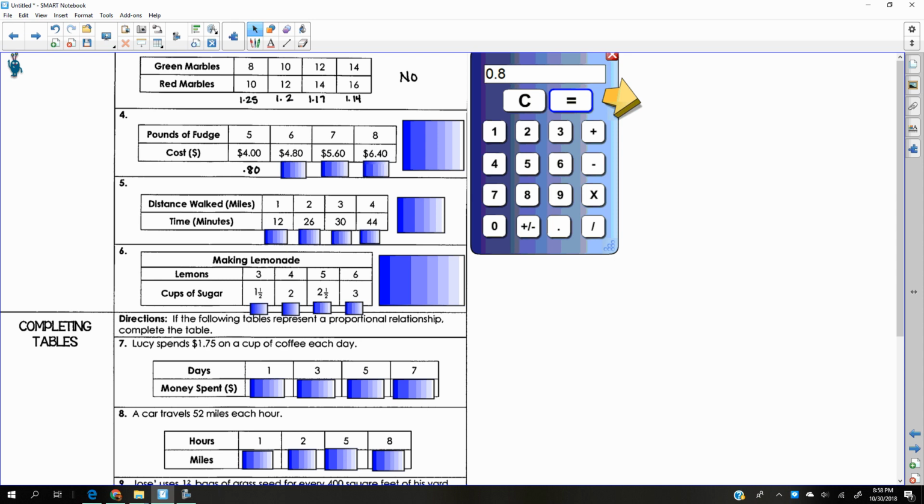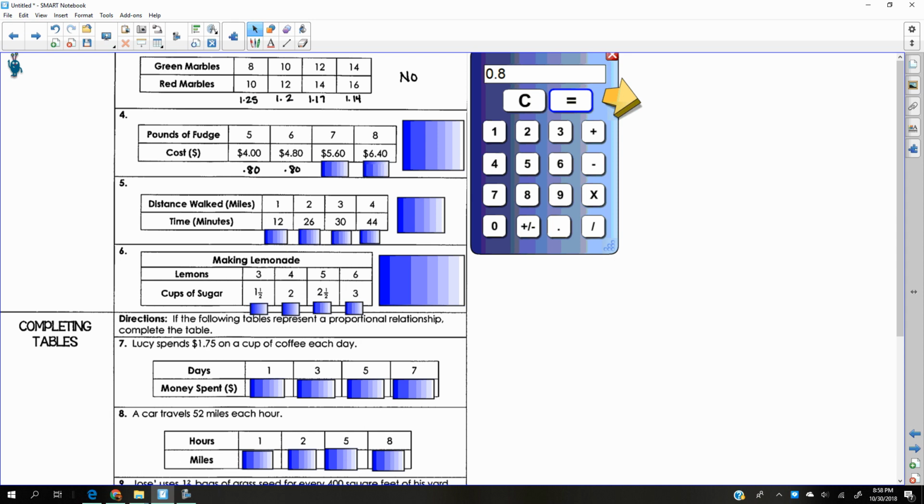All right, so let's see. Is the rate going to be the same if you buy 6 pounds of fudge? That $4.80. So now we have to put in $4.80. We're going to divide that by 6, and we get, boom, yes it is, 80 cents. But sometimes the more you buy, the cheaper it is. So we do need to keep going just to see.